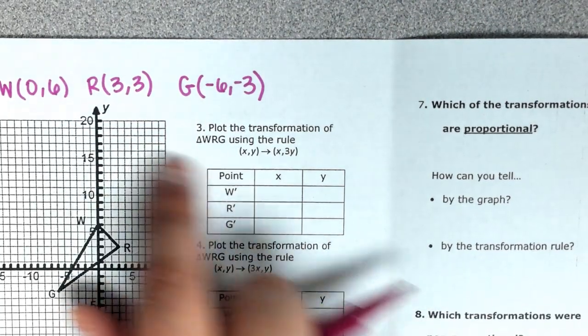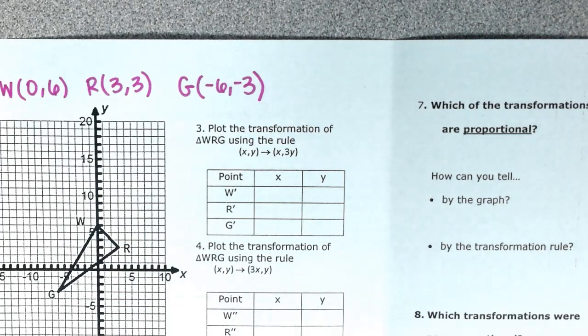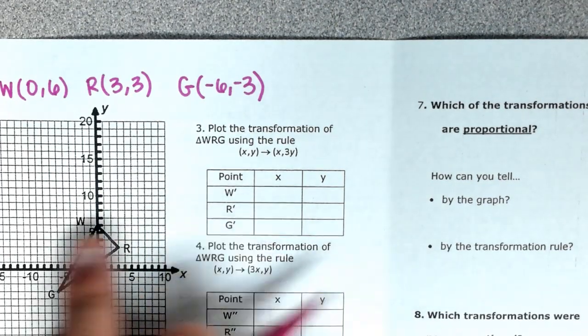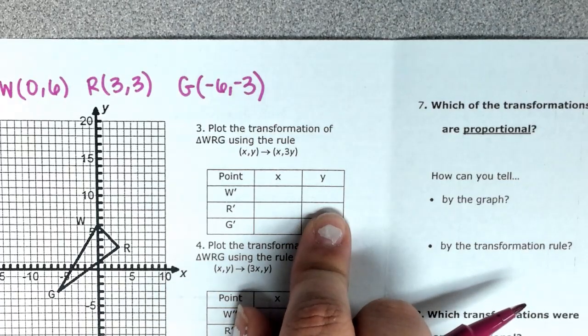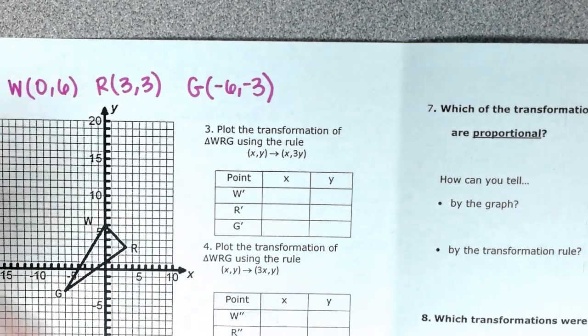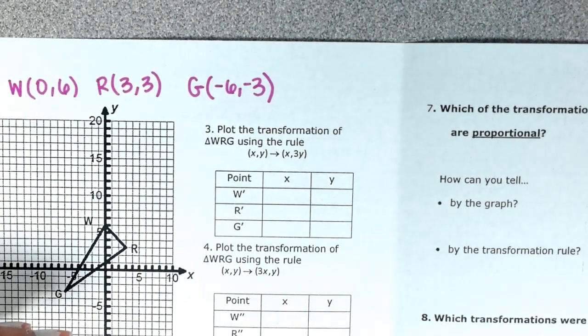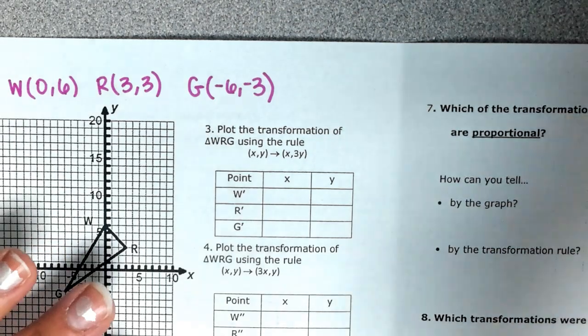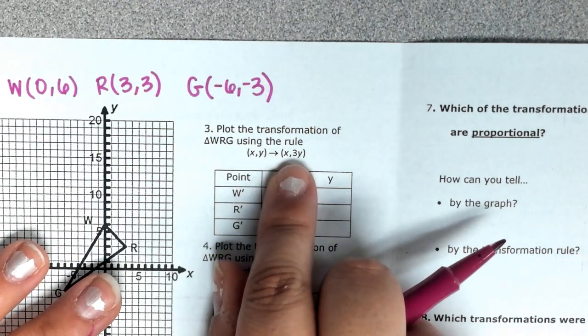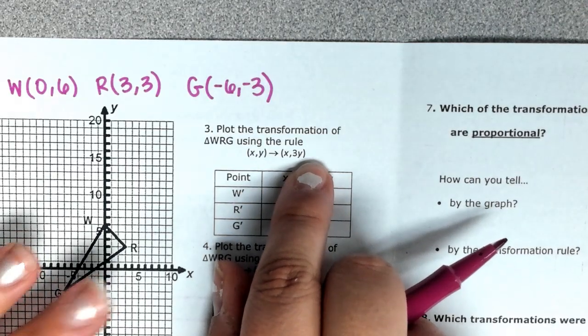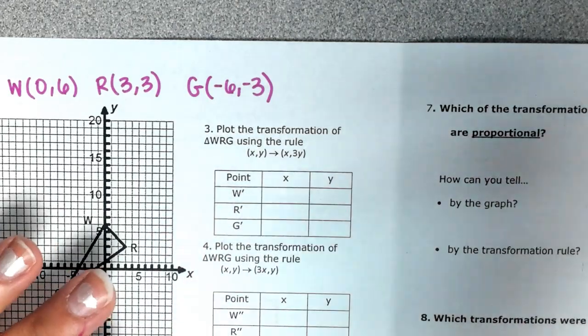Apply the rule to these points and plot it. Does that make sense? Yeah. So get started. I'm going to be doing it up here too, so if you get a little lost, you can look up. But apply the rule to these points and plot your triangle. So my first rule, x stays the same, multiply y by 3. Go.